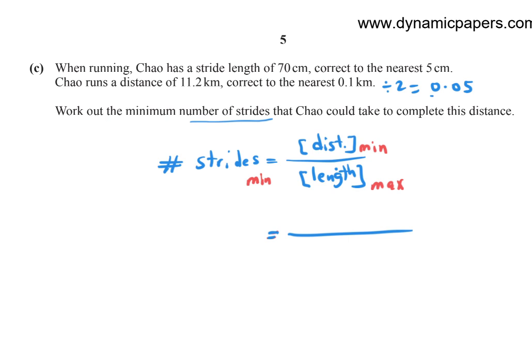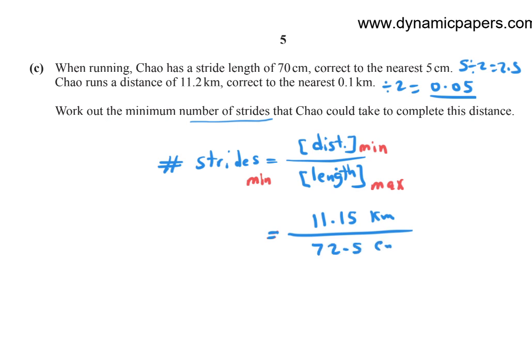Now if I need minimum, so subtract 11.2 minus 0.05, so 11.15 kilometer. To find the length of the stride, upper or maximum, this 70 centimeter, correct to the nearest 5, so 5 divided by 2 is 2.5. I need upper, so add 70 plus 2.5.